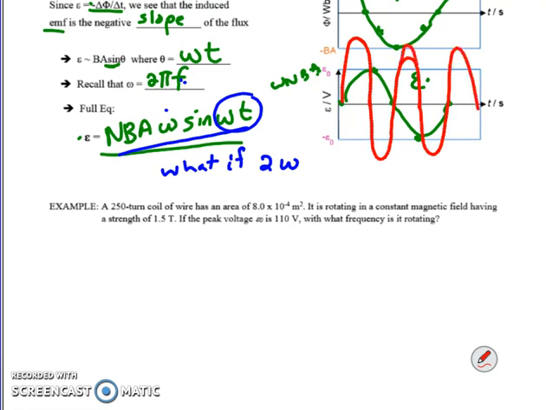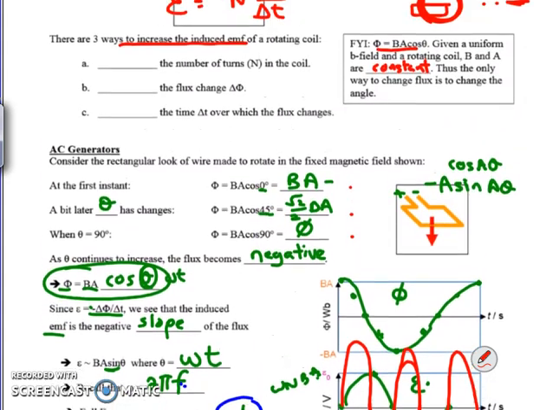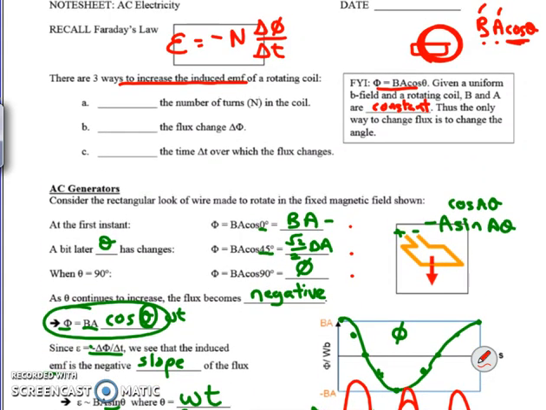So that's an IB question you want to know: how would things change? I think most people understand that if we double the angular velocity, we would get a shorter wavelength or a higher frequency, but we might forget that the amplitude would go up, and we get greater EMF. So that brings us back to here. What are the ways we can induce that?